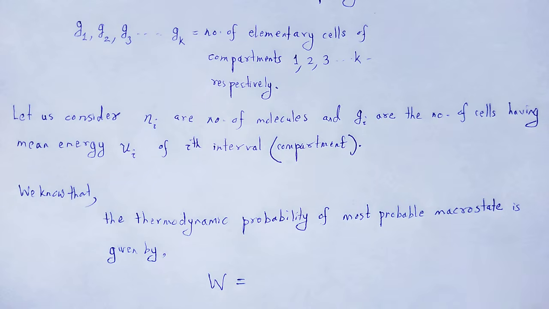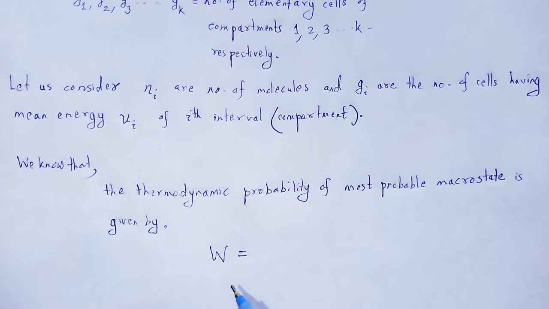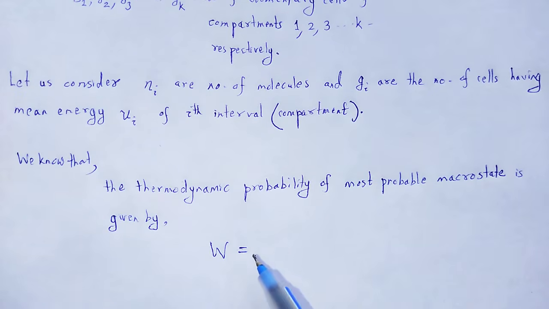We achieve the most probable macro state when the system is in the equilibrium state, where the highest number of microstates are present in that macro state. Here the thermodynamic probability is calculated.